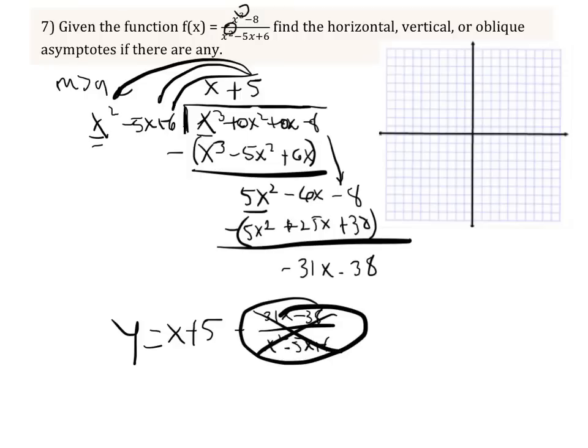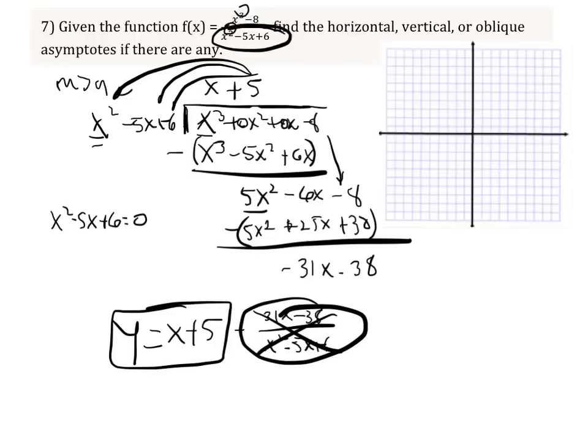This is our oblique asymptote. We take our denominator, set it equal to 0, and solve to find our verticals. This is our denominator, bottom number there. So we get x minus 2, x minus 3, so x equals 2, and x equals 3.